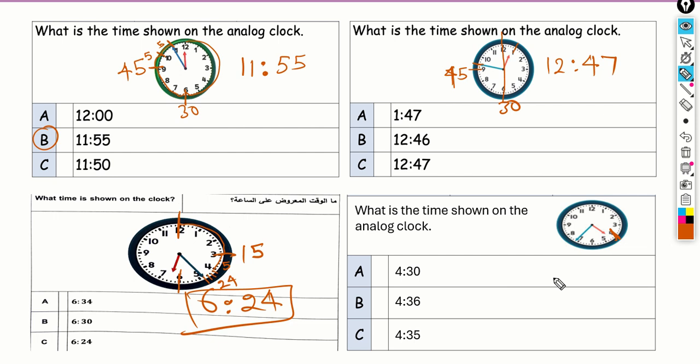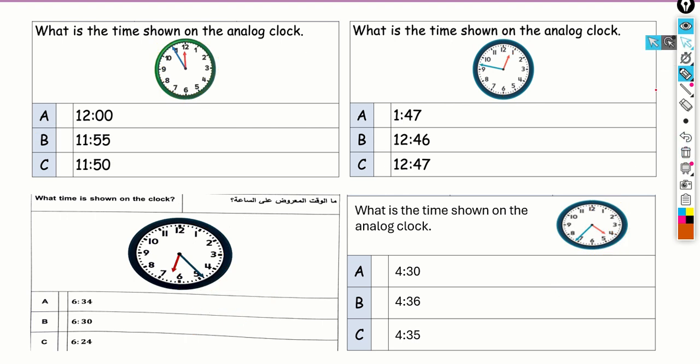This is here 4. Now this blue one, we start looking from here, 30 minutes, 35, and 36. This is how you will look at this. If you still have confusion, pause the video, watch it again. Okay, this will definitely help you.